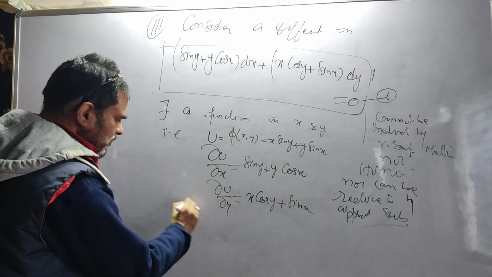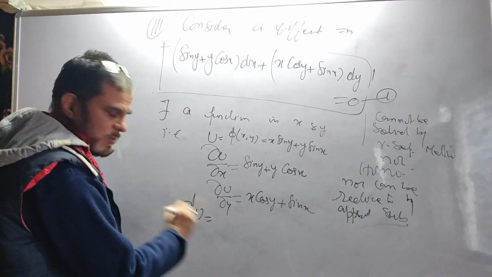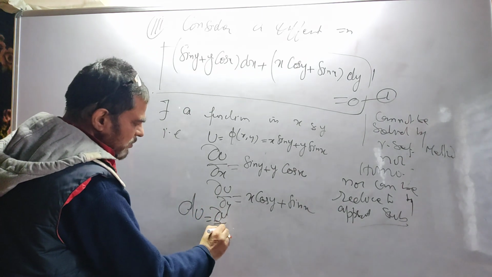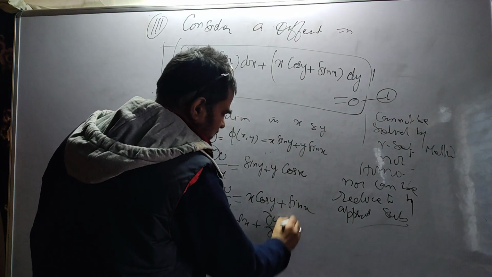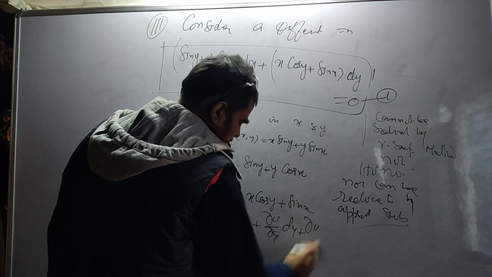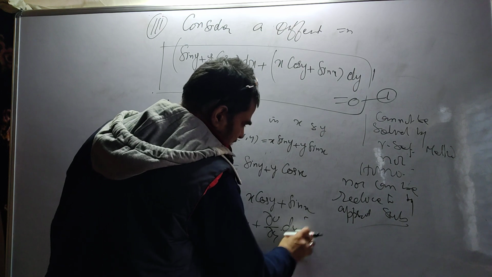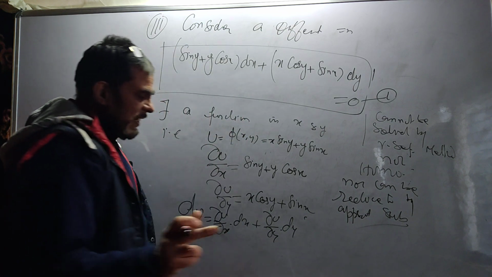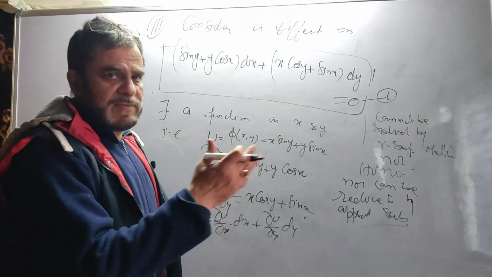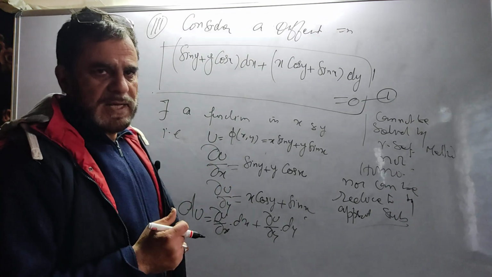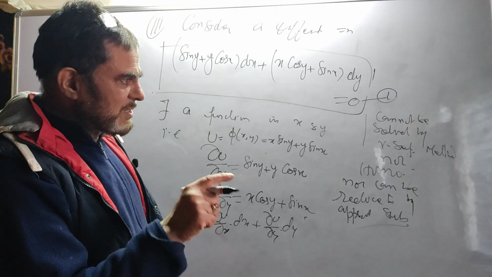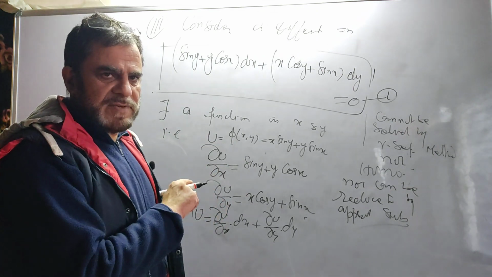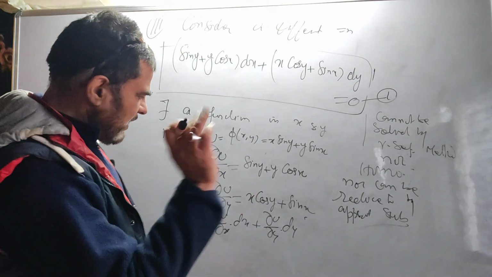When I write the total differential formula, it is du is equal to partial of u with respect to x dx plus partial of u with respect to y dy, which is two variables. Note, you can have the exact differential of three variables when you go to PDE, partial differential equations. These are ordinary differential equations. Then we have partial differential equations, where you can have three.